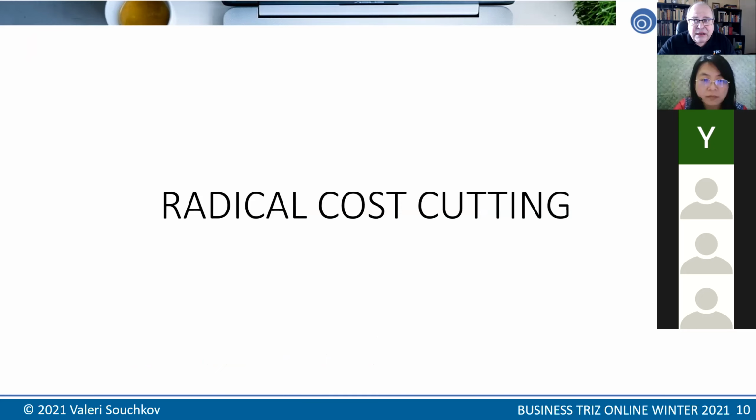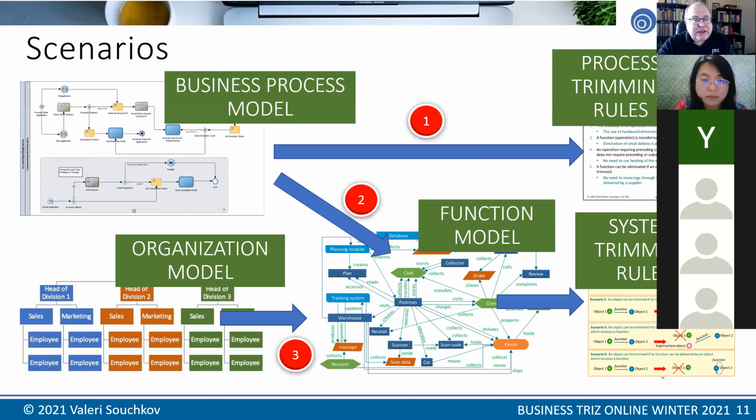Radical cost cutting. Well, I will not get into details. There is not too much time, but I will show you just how we do that. I had one case with one of the big banks in Asia Pacific. In general, there are three scenarios for how we can radically cut costs. Those who know classical TRIZ technical trees know that a major tool for cutting costs would be function analysis.